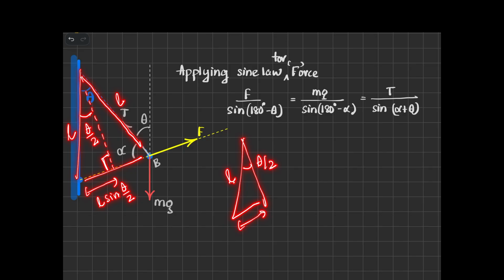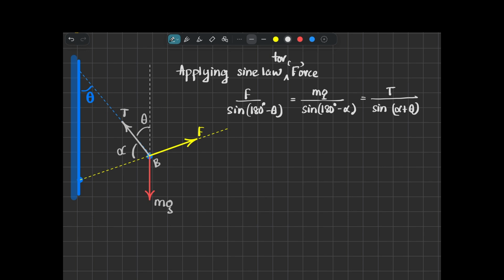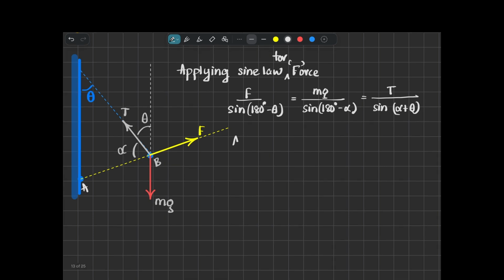So this side becomes L sine theta by 2. So the total base, the length AB, we can write as 2 times, because half length we got L sine theta by 2. Total AB length will be 2L sine theta by 2.